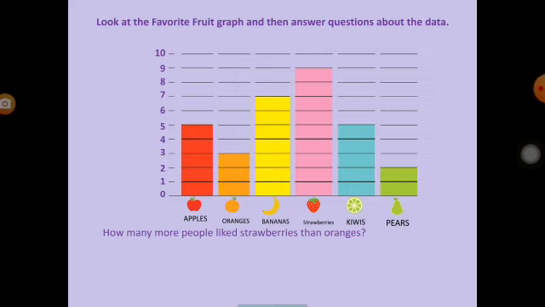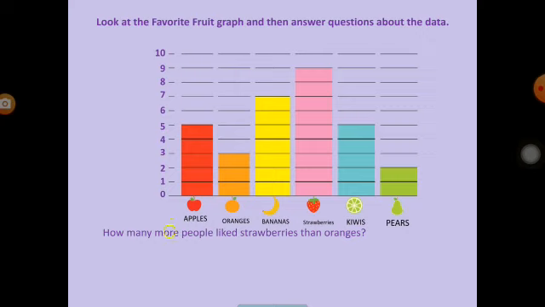The next one. How many more people liked strawberries than oranges? I see here the word more, and we said before, when I see the word more, what can I do? We circle it, and we are going to do minus.